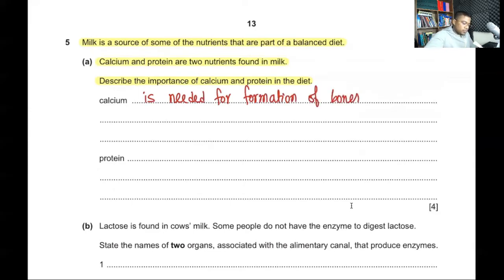Calcium prevents rickets. Calcium is also needed for the formation of teeth.